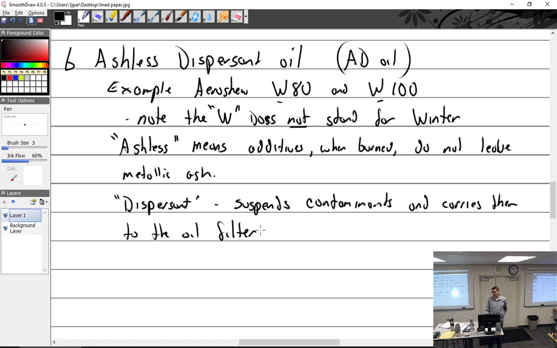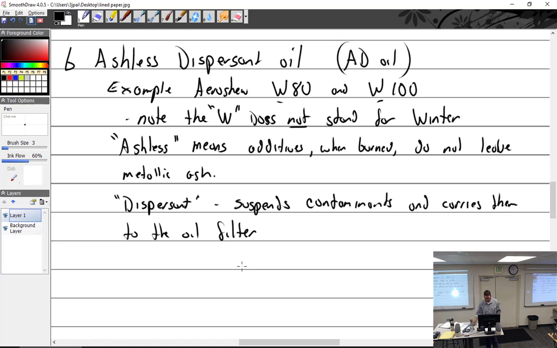Assuming your airplane has an oil filter. Maybe it has a screen, then it's really just going to leave the big particles on the screen but continue to carry the contaminants around in the oil, which is why aircraft that have screens have their oil changed twice as often as ones with filters, which we'll get to.